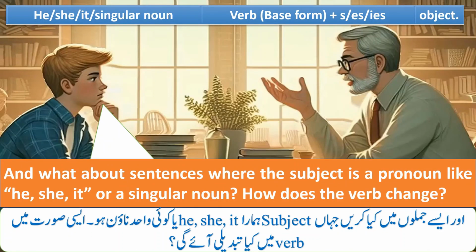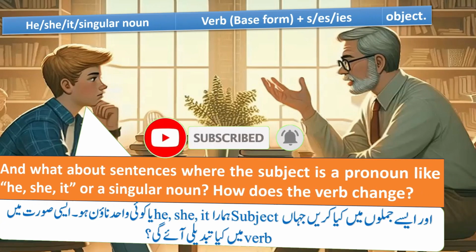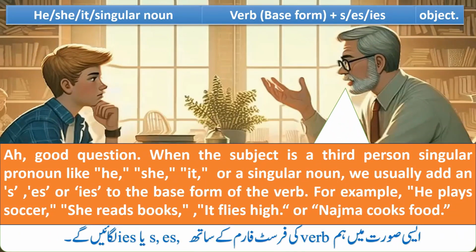And what about sentences where the subject is a pronoun like he, she, it, or a singular noun? How does the verb change? Good question. When the subject is a third-person singular pronoun like he, she, it, or a singular noun, we usually add s, es, or ies to the base form of the verb.